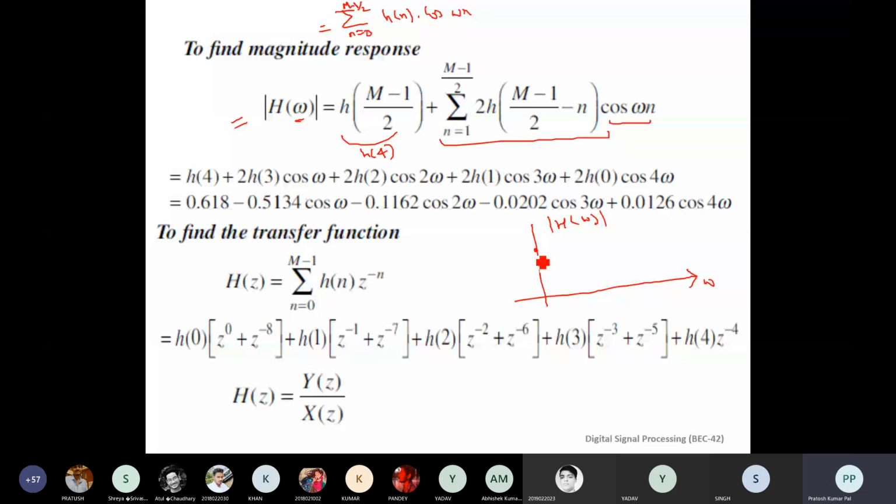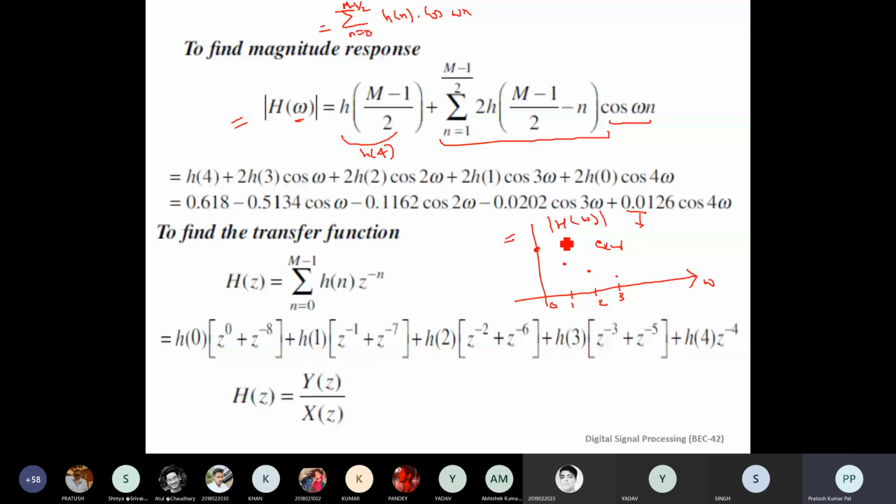Similarly for frequency equal to 1, suppose this is the magnitude, and for 2, this one. This is for an example. In this expression, by putting different values of omega, we can find the magnitude response. This is how the magnitude response is formed.